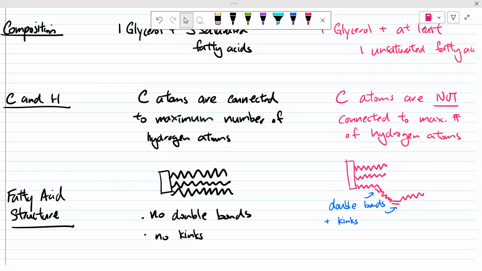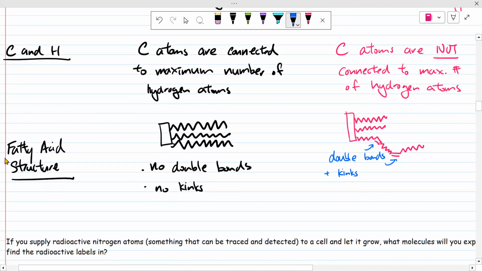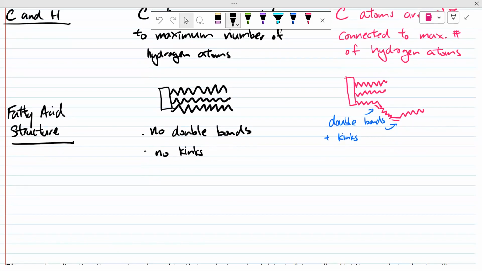There is one more thing we should compare between the two. What is it? That's right. Is it solid or liquid at room temperature? State at room temperature. For saturated, is it solid or liquid? Solid.